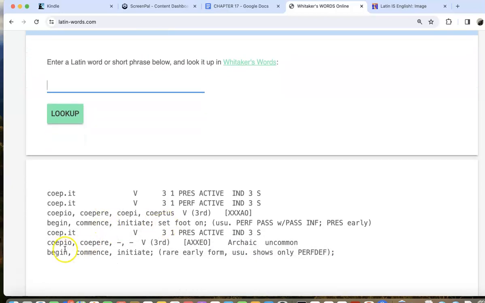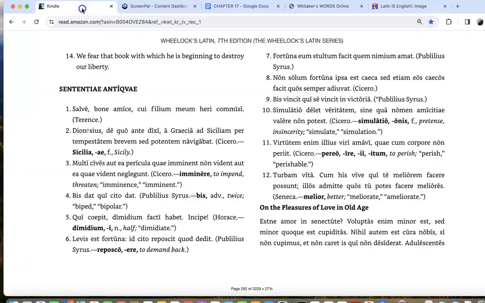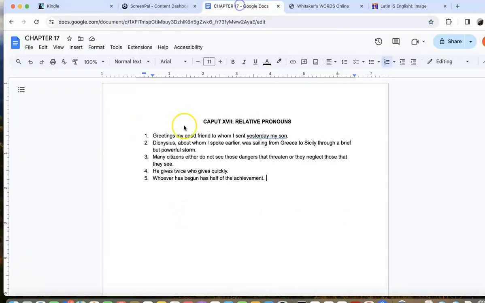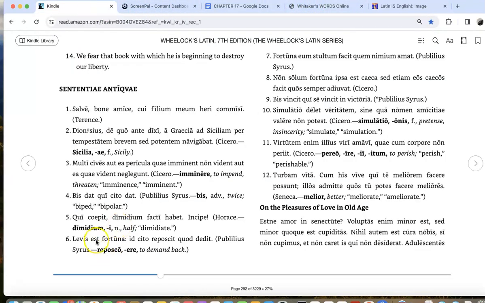But here we have caepio, but it is actually it doesn't really. Let me see. So in that case, I'm glad I looked it up here because since this is in present tense, it might make sense to keep this in present tense. So whoever begins has half of the achievement, or half of the deed, half of the accomplishment could be another reading of that. So let's take a look at this in greater detail.